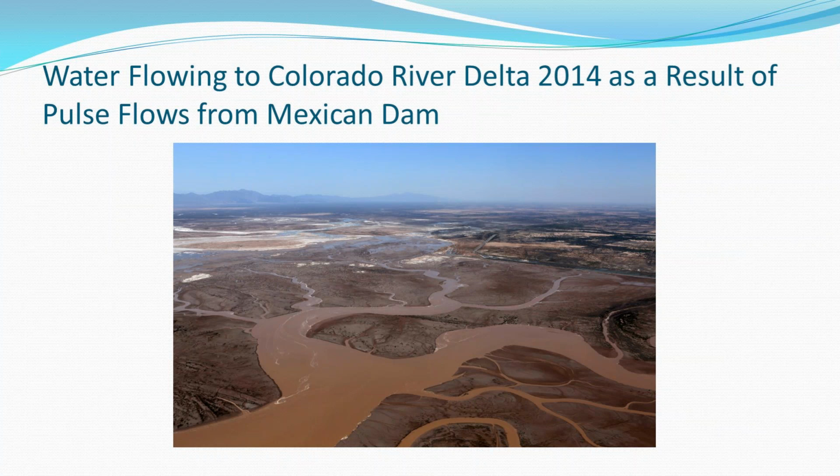Previously water flowed into the delta only in extraordinarily wet years when water had to be released from reservoirs. But here's a plan to try to restore at least a remnant of the delta.